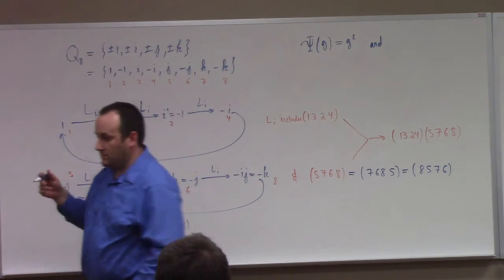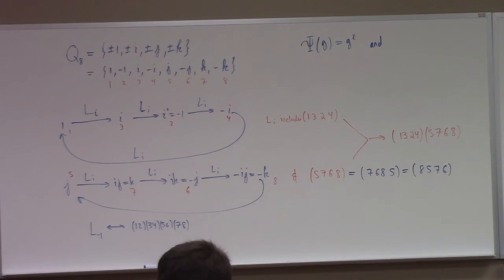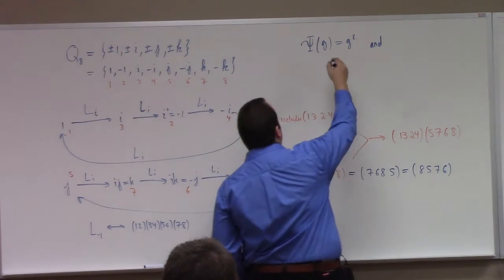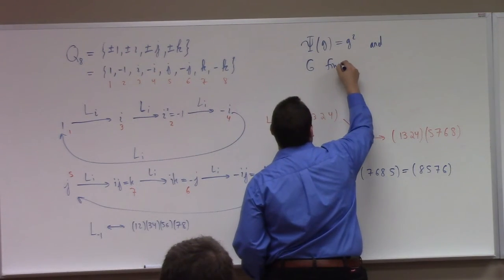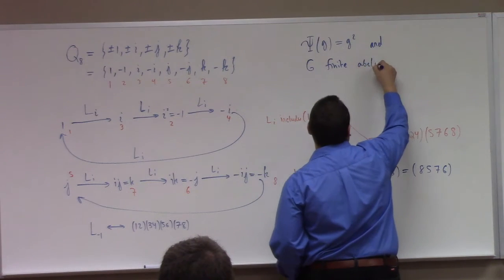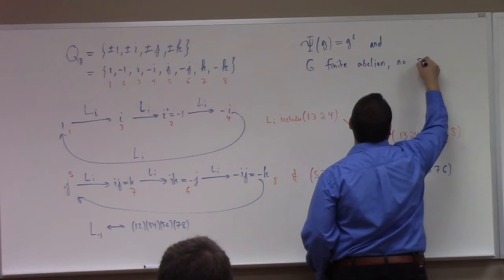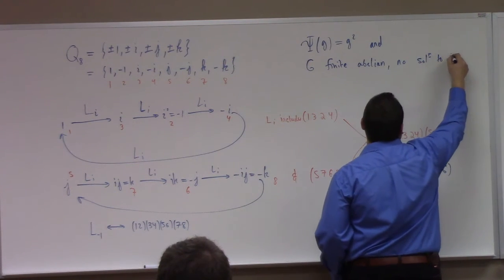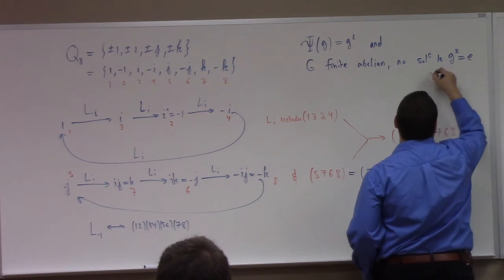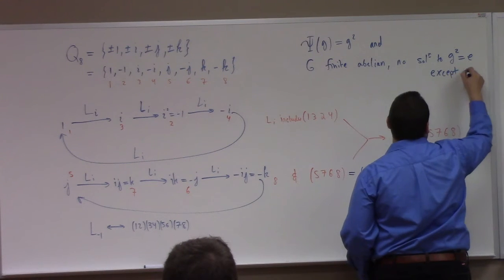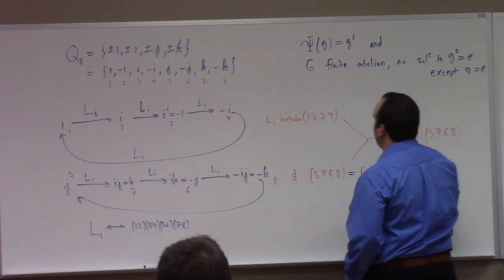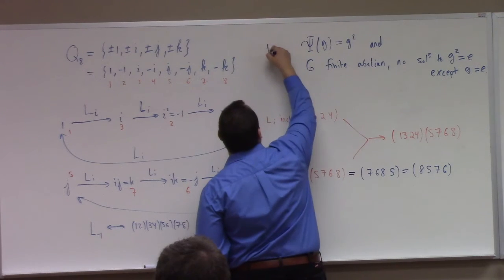We're supposed to prove that it provides an automorphism given that G is a finite abelian group with no element of order 2. So no solution to g squared equals e except g equals e. It's number 28.